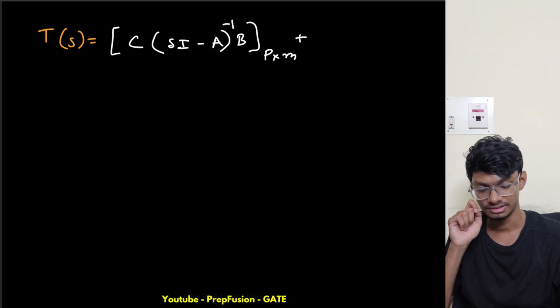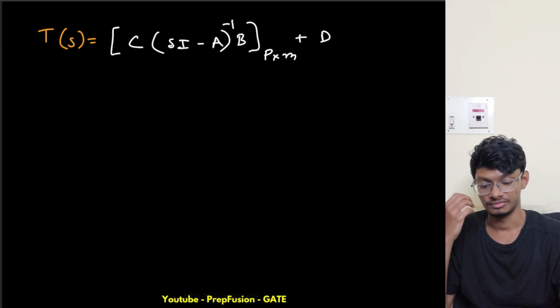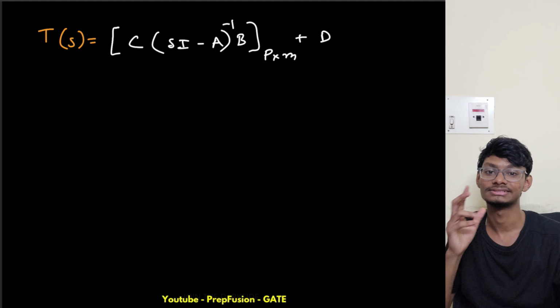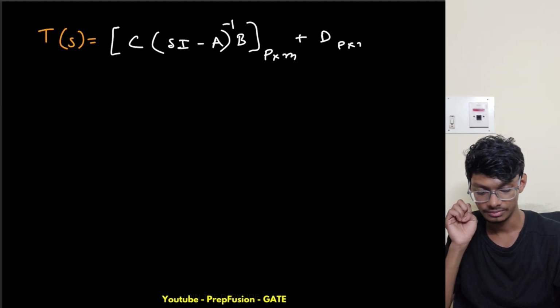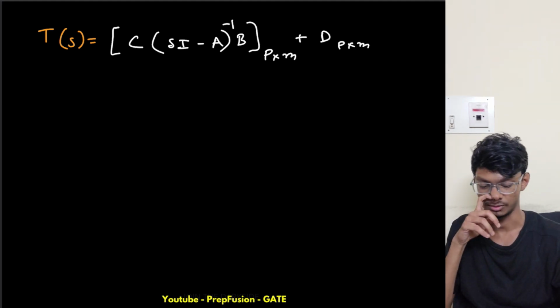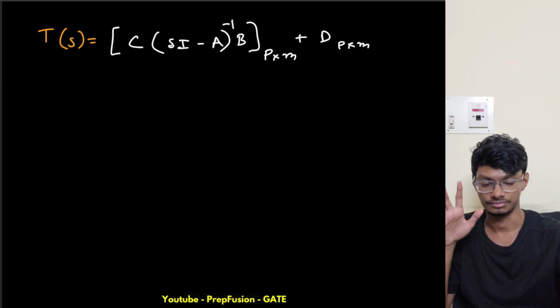There is, and this is D. Surprisingly, D also has order P cross M. So my transfer function is like this one, P cross M.